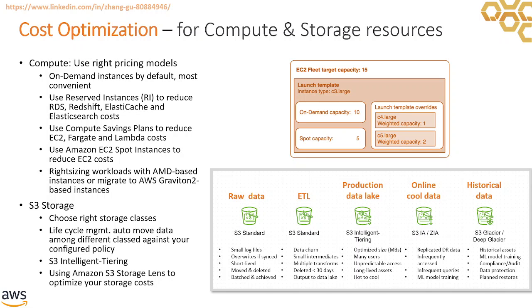An alternative choice is using reserved instances. You commit to a predetermined amount of ongoing compute for either 1 year or 3 years. In return, you can receive a discount of up to 72%.